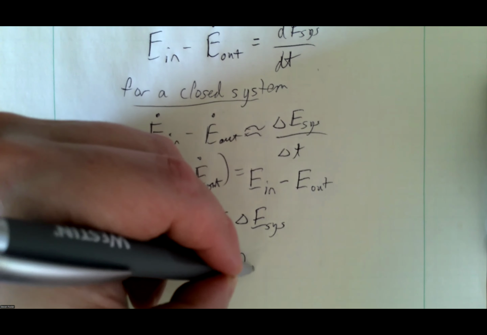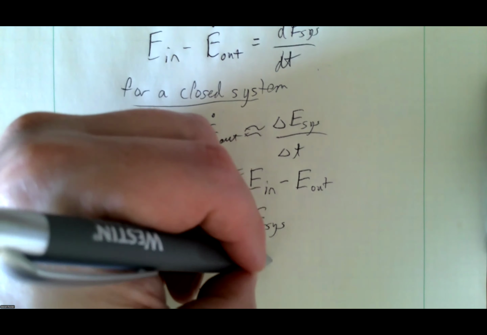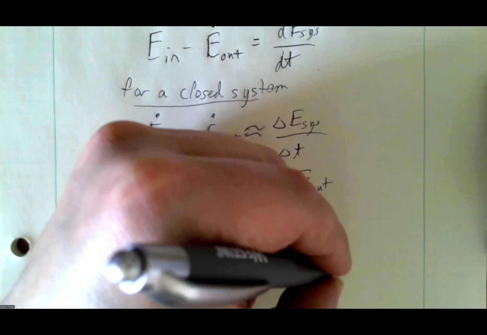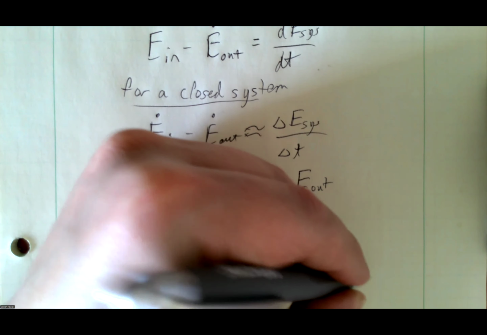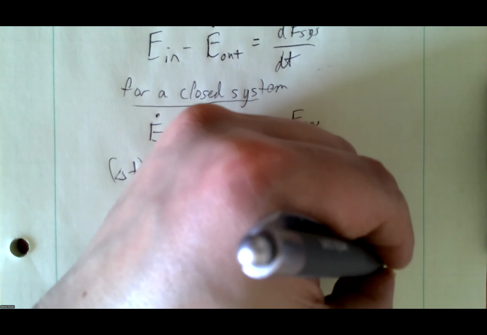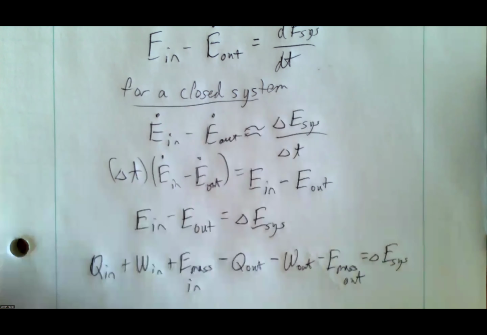And then I've got all of these terms going out. So add the ins, subtract the outs: minus the heat out, minus the work out, minus the energy of the mass out. And that's going to equal the change in the energy of my system.